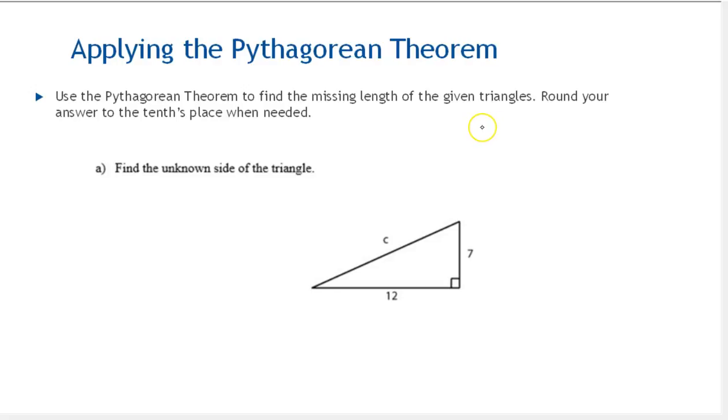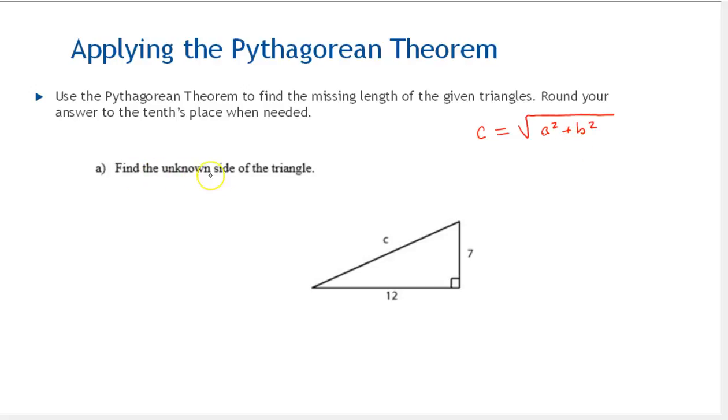So if we're solving for the hypotenuse, C is going to equal the square root of the sum of the squares of the legs. Remember, this is exactly what we did in that picture. We took 3 squared, we added it to 4 squared, we got 25, then we took the square root, and this is the general formula.